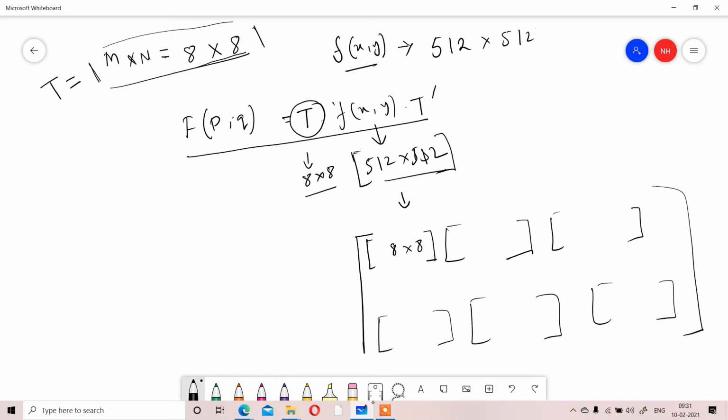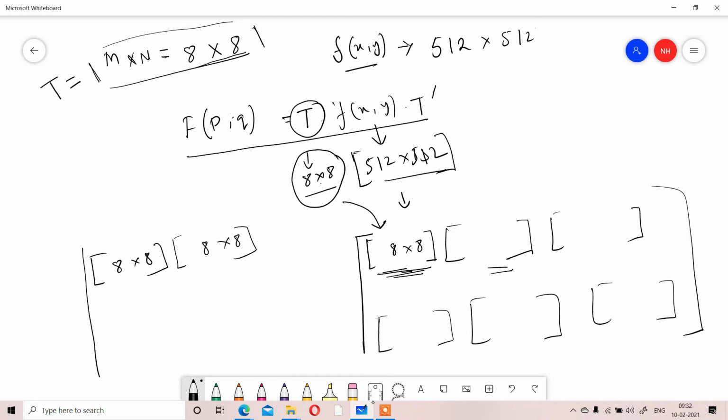And we are multiplying the transformation matrix to each set. So the 8 cross 8 transformation matrix will be multiplied by each 8 cross 8 block of the input image, and we will get a transformed matrix of size 8 cross 8. For the next 8 cross 8 block, again it is multiplied by the transformation matrix, and we get another transformed 8 cross 8 matrix.